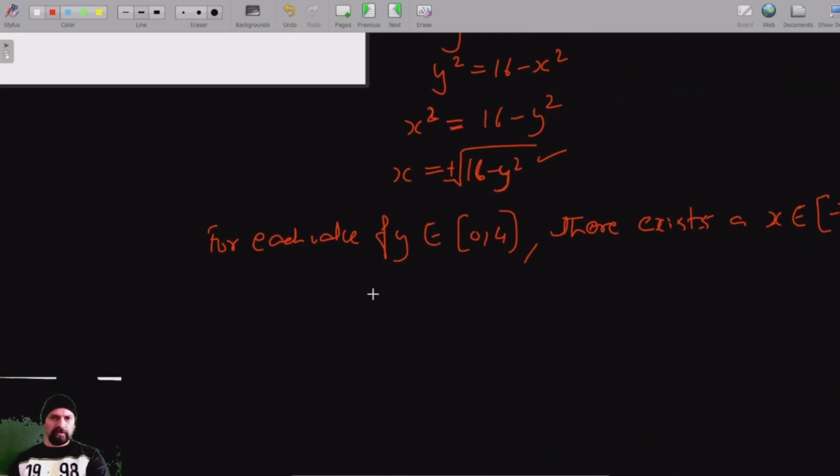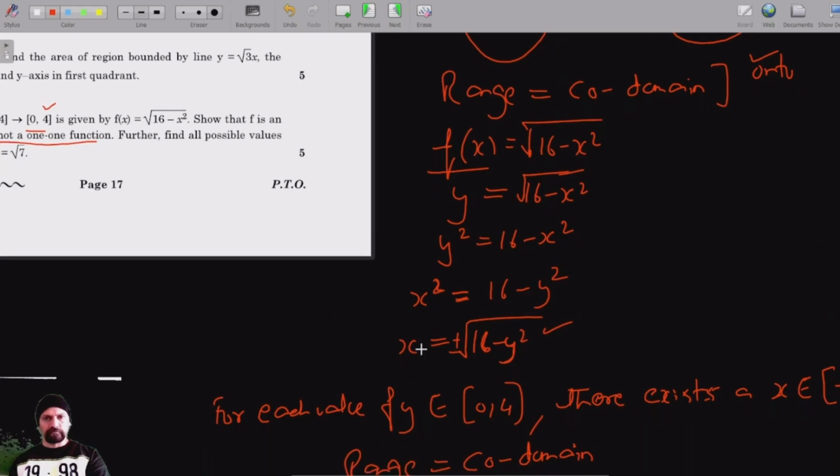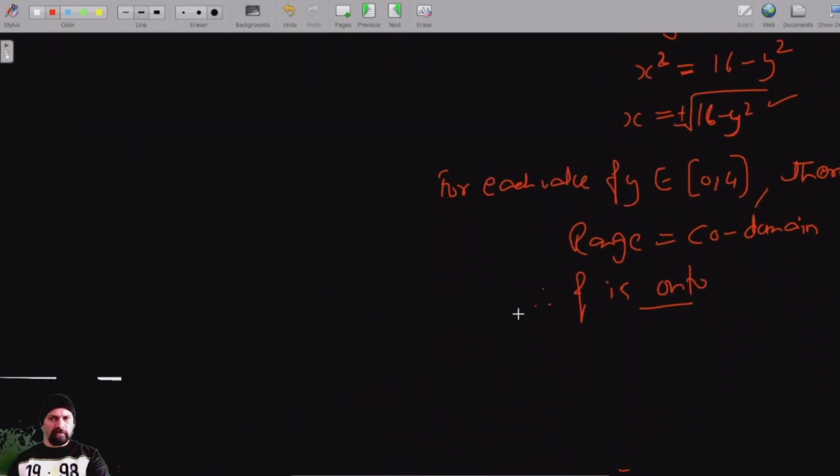So that means here the range is equal to codomain. Therefore, function is an onto function. Okay, now we have to prove that it's not a one-one function.